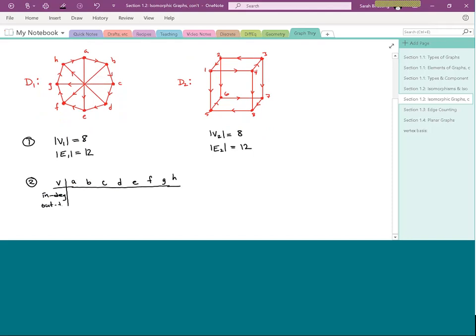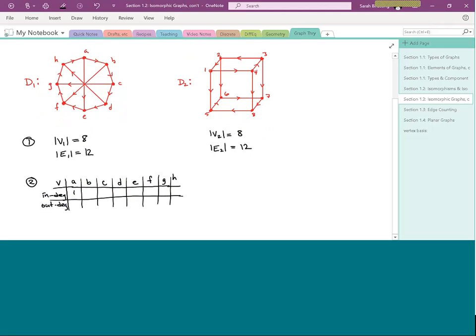So if we look at these vertices in that first graph, D1, what do you guys think the in degrees are? Well, let's start off with A. What do you think the in degree is for A? Yep.